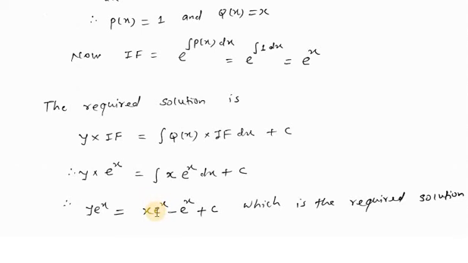Then again you have to integrate this e raised to x, and you have to put down that integration over here. So integration of e raised to x is e raised to x, and then write down alternate signs. So plus sign over here and over here minus sign, and this plus c as it is. So this is the required solution of given linear differential equation, right?